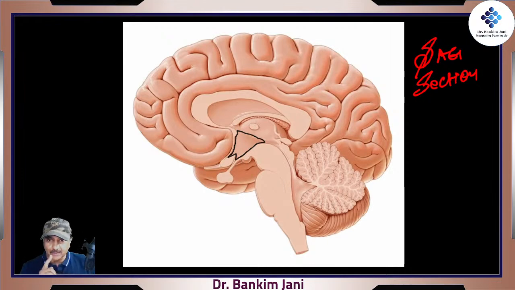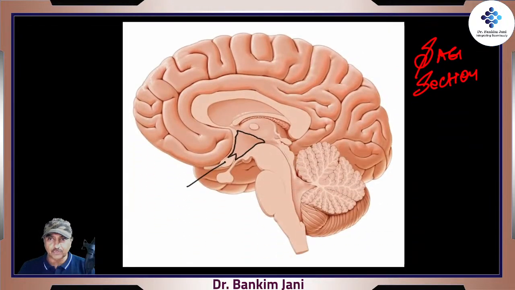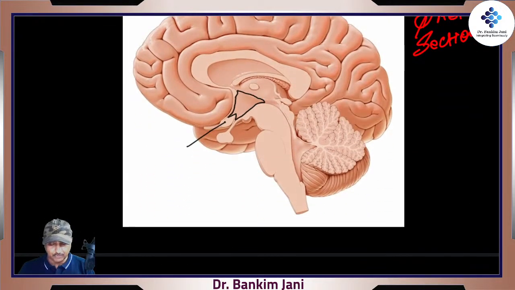So one part, this is our optic chiasma. Then there would be one area over there above it. So let's divide it into 4 parts like this: 1, 2, 3, 4.